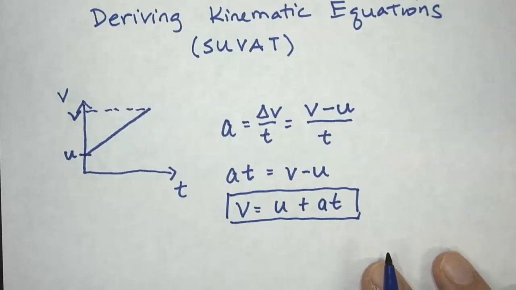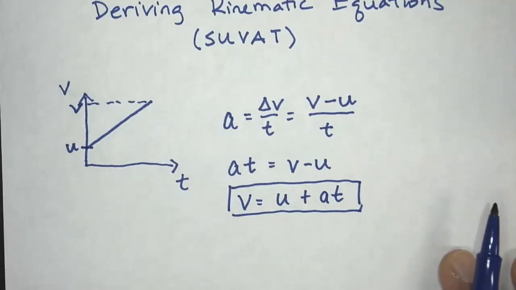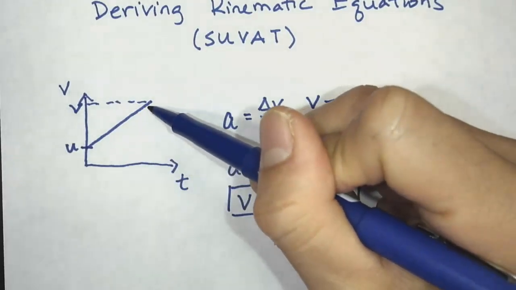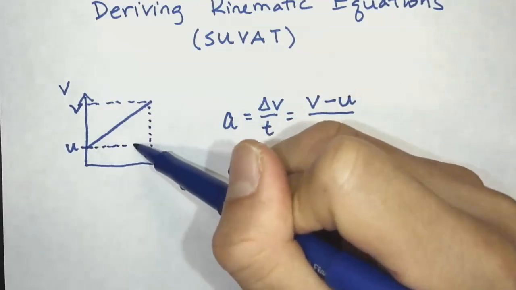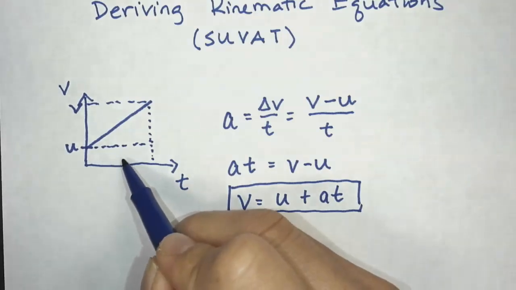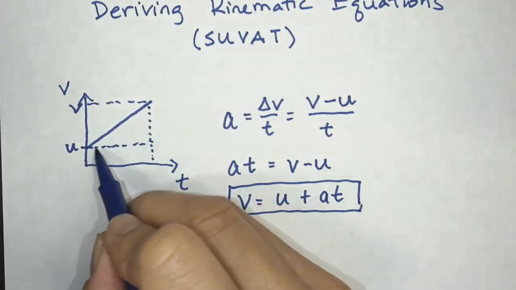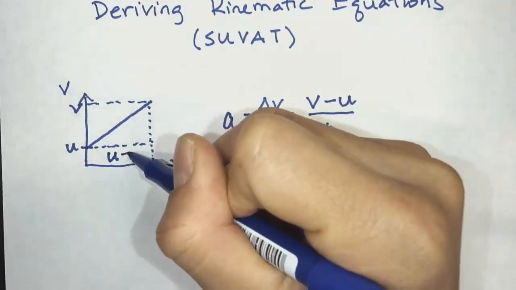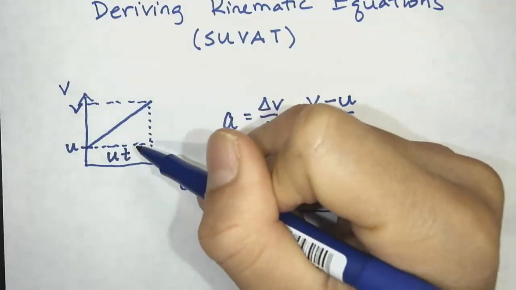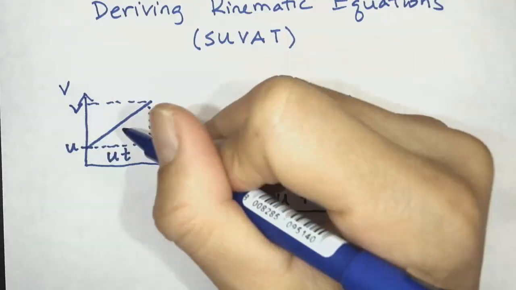Next, we're going to use this graph to derive our next equation. We know that the area under a velocity versus time graph is the displacement. So this is displacement, this is displacement. This looks like a rectangle, so I'm just going to take the U times the T. And then this looks like a triangle, so it's going to be 1/2 base times height.